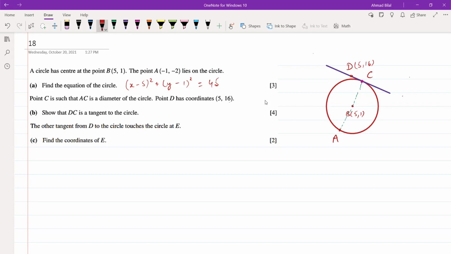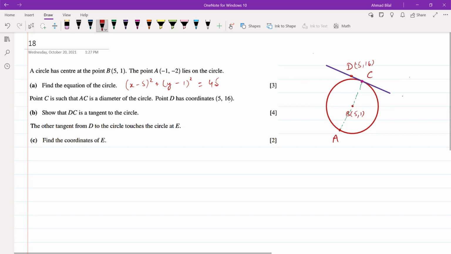So one thing that we can do is prove that the line CD, to be a tangent, is perpendicular to the radius. That CD and BC are perpendicular. That's one thing. But is that enough?